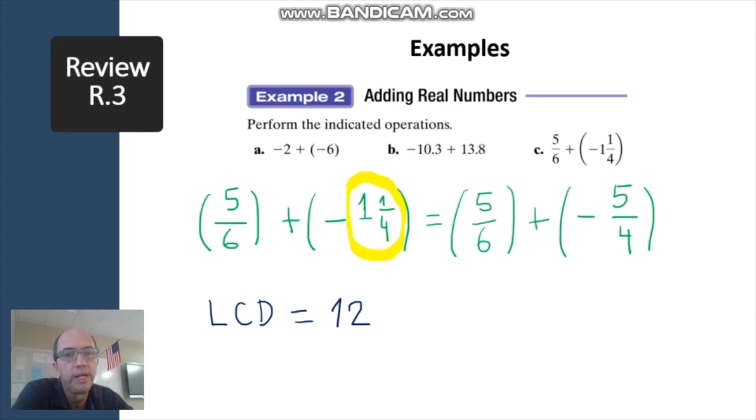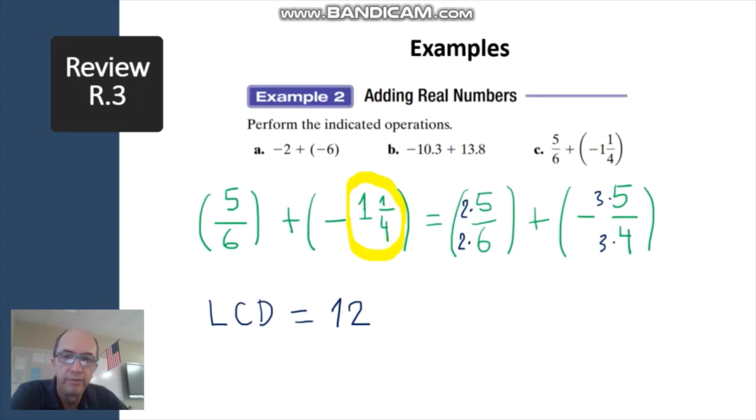Okay, this is one way of doing this. We have to change the fractions and make both numbers with the same denominator. So multiply here by 2 to have 12, right? And we have to multiply on the top as well. And multiply here by 3 and on the top as well by 3.